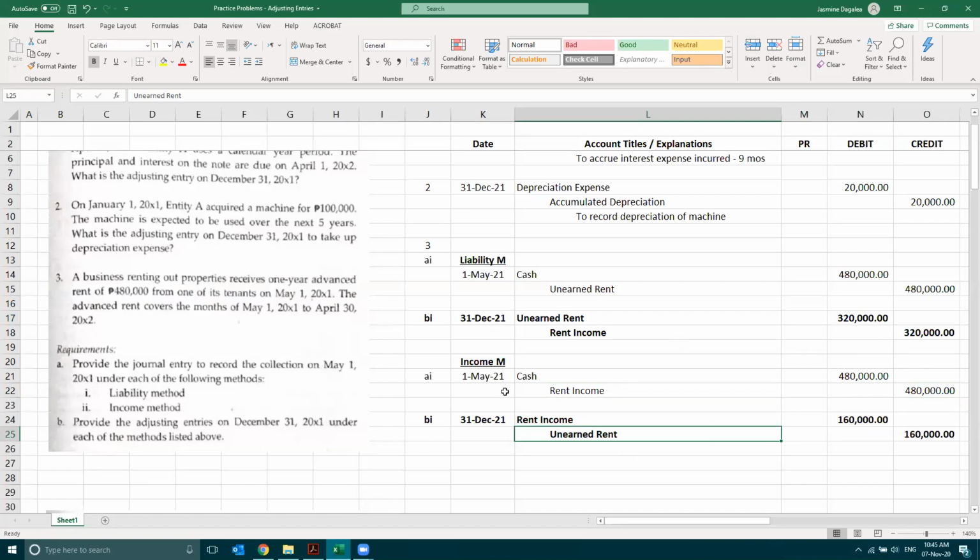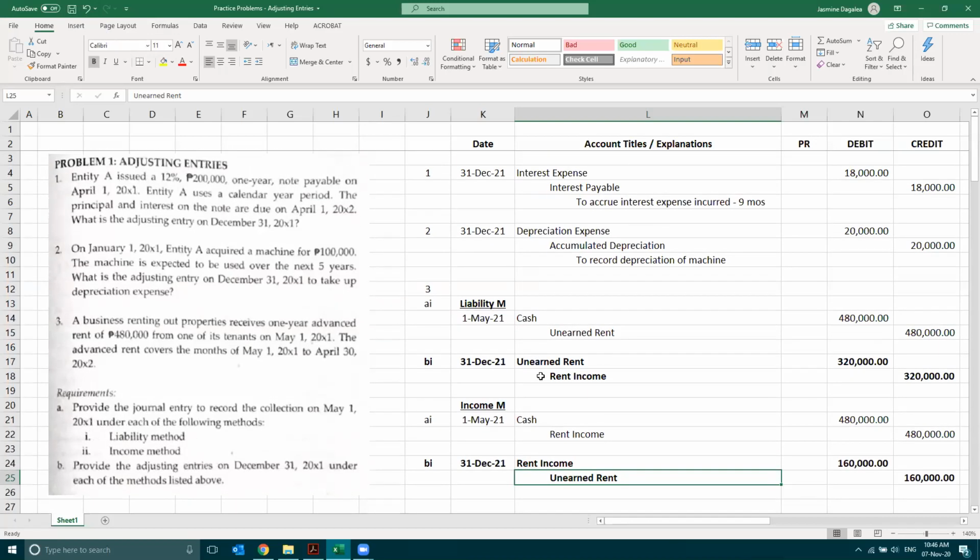The same is true with the income method: rent income is overstated and liabilities are understated. But if you adjust your books properly, your income and liabilities reflect the correct amounts, and your financial statements are correct.